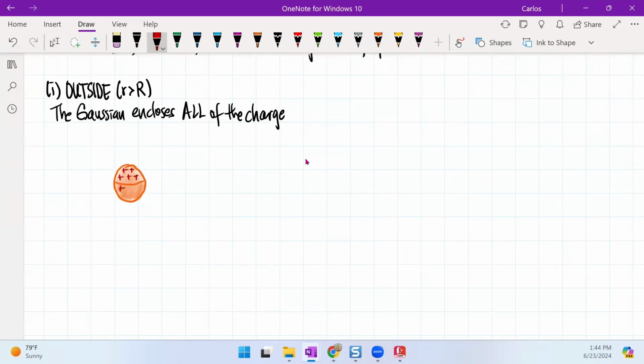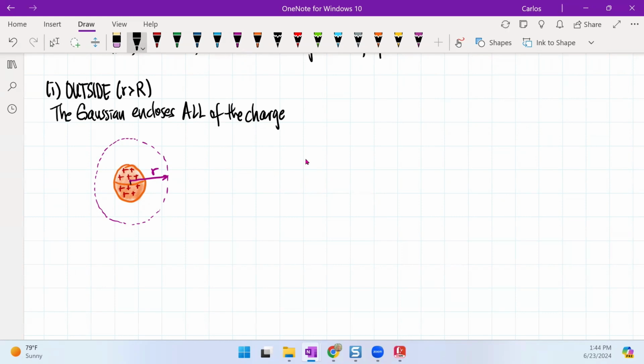I know it's uniform. And what I'm doing here is picking my Gaussian now. If I enclose all of it, there's two things we should think about. One, this is the radius of the Gaussian, and you can see that it's larger than the radius of the sphere.